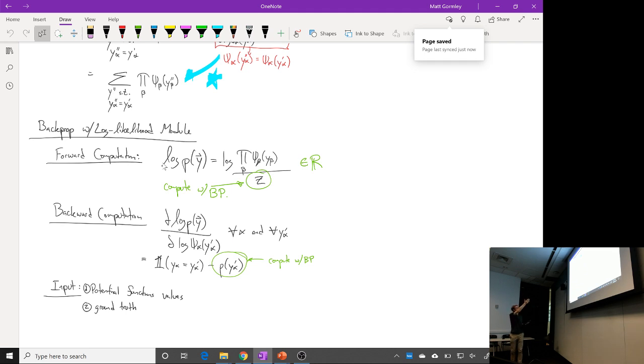You'll get back the output of the loss function, which is the log probability, and now you need to pass the adjoints or the derivatives with respect to the inputs to this module back to where they came from. To do that, all you need to do is compute that partial derivative with respect to each of those log factor values and hand that gradient back to the thing that computed them.